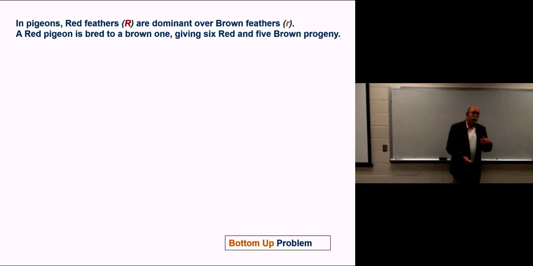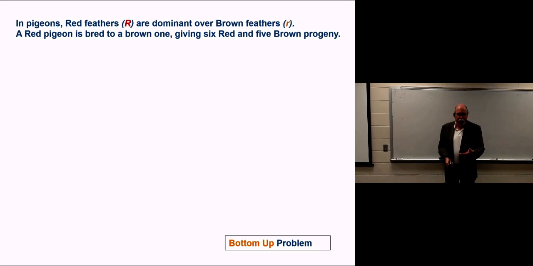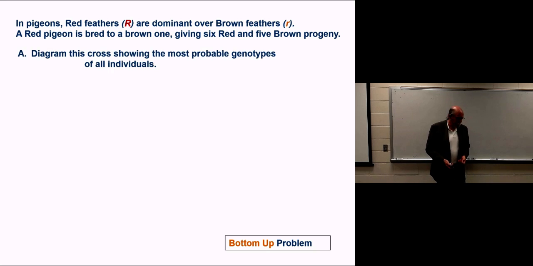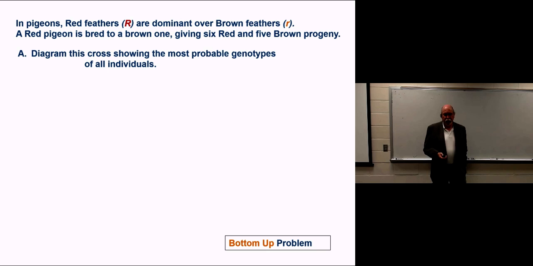Okay. This is a bottom-up problem for the most part. We've gotten the experiment done. We know they've gotten 6 progeny of one type and 5 of another, and so we're going to work from there. Okay. So what you want to do is you want to diagram these crosses. Always be thinking about however complicated the wording is, I want to diagram it. Okay. What do I mean by diagram it?